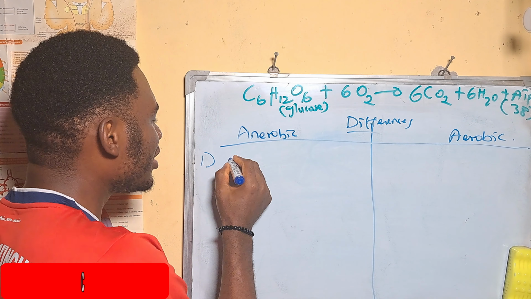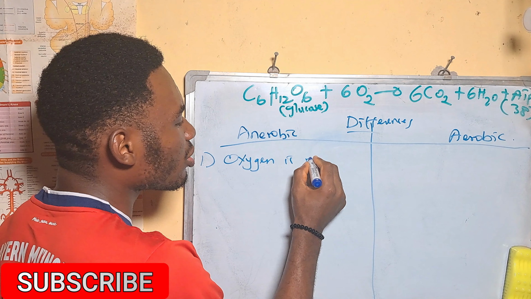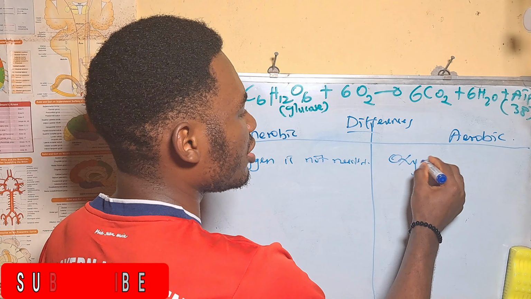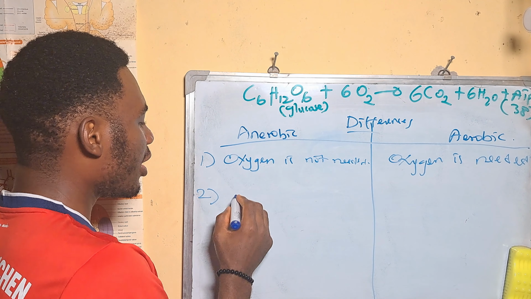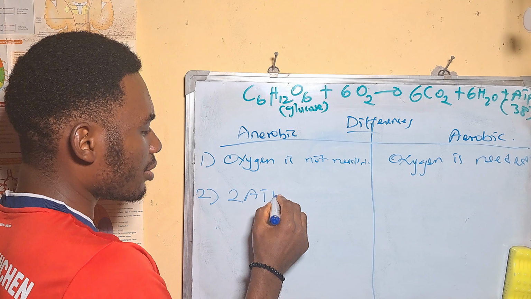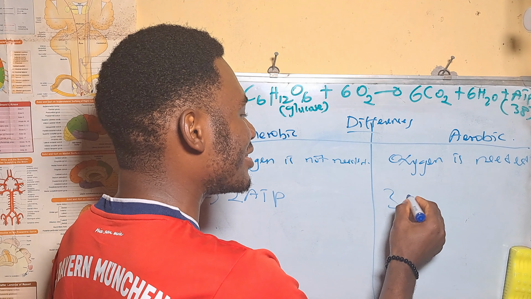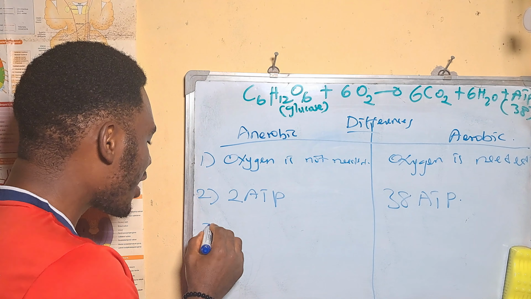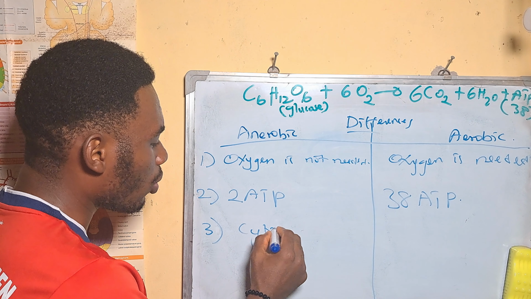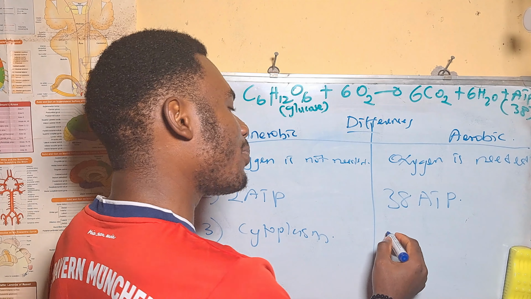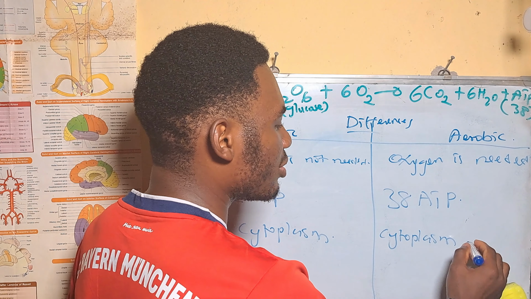Nice. So our first comparison is the differences between anaerobic and aerobic respiration. Number one difference is that here oxygen is not needed, but here oxygen is needed. Our second difference is that here we produce only 2 ATP, but here we produce a total of 38 ATP. Our third difference is that this occurs in the cytoplasm only, but here it occurs both in the cytoplasm and in the mitochondria.